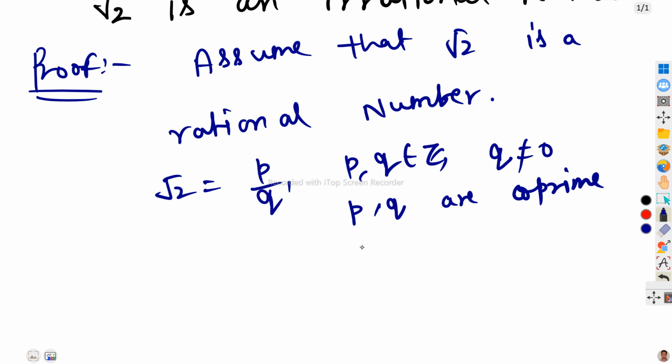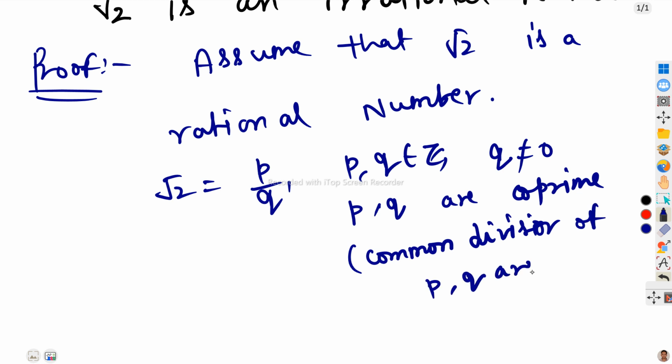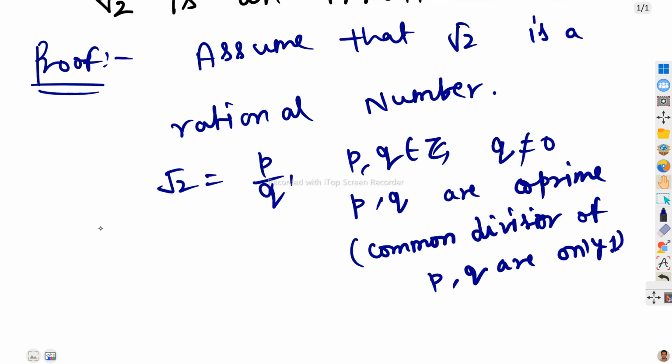That is, the common divisor of p and q is only 1.